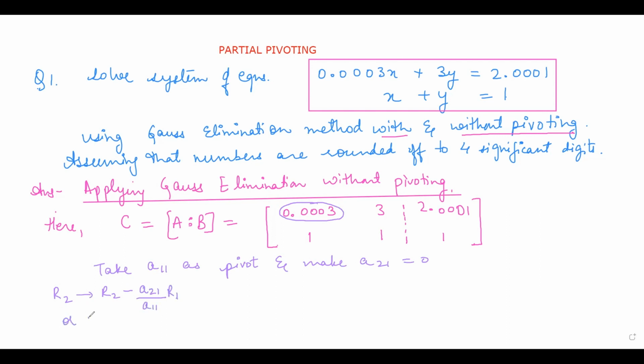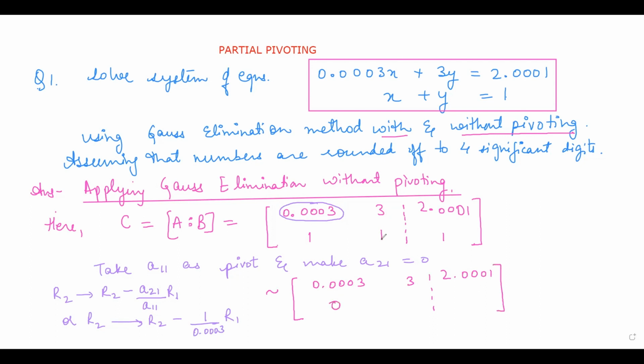So this is nothing but A21 is 1 upon 0.0003 R1. After the elementary row operations, I am getting the matrix where the first row remains as it is, no change. In the second row, this becomes 0.